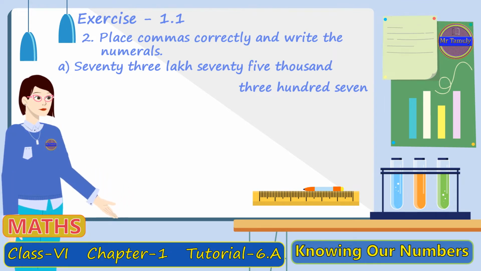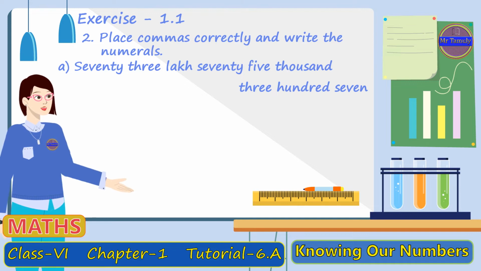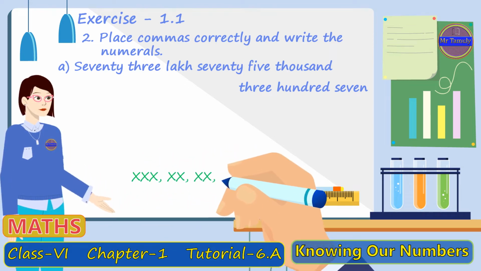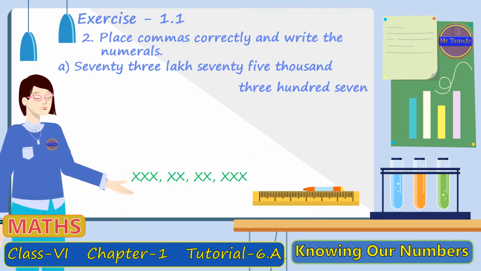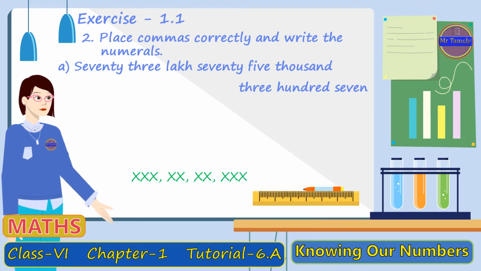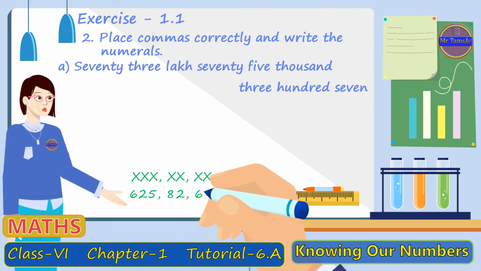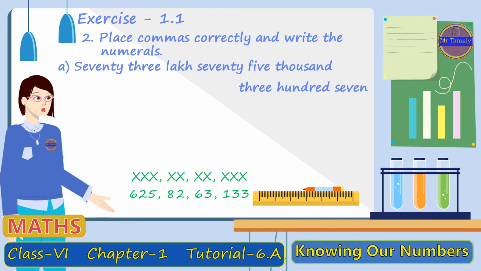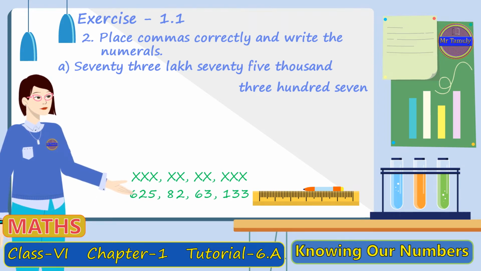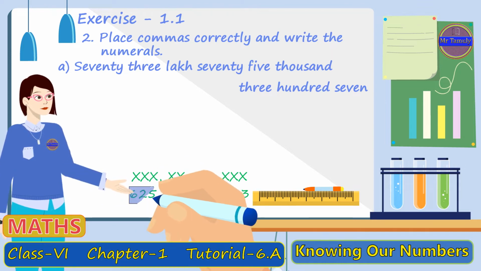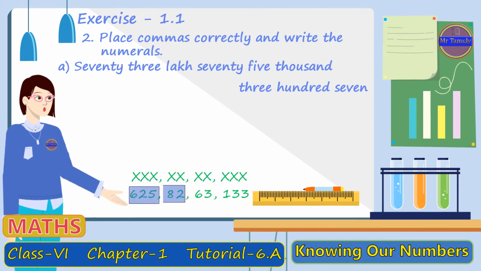As you know, in the Indian method we write larger numbers as XXX crore, XX lakh, XX thousand, XXX. For example, 625 crore, 82 lakh, 63 thousand, 133. You are to place commas after crore, after lakh, and after thousand.